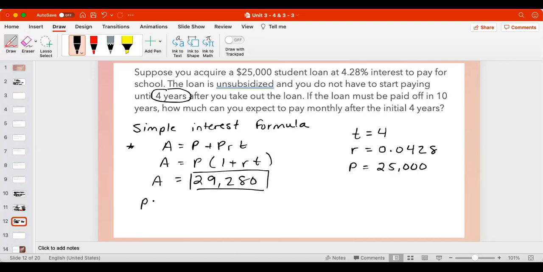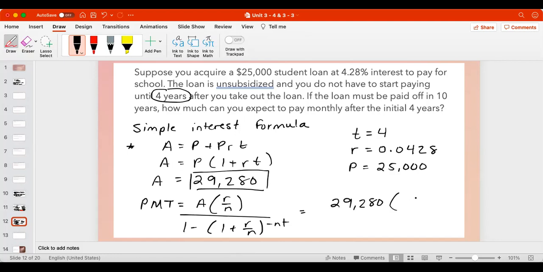So the formula again was PMT is A times R over N divided by 1 minus 1 plus R over N to the negative NT, which is equal to 29,280 times 0.0428 divided by 12, divided by 1 minus 1 plus 0.0428 divided by 12, raised to the 12 times 10.